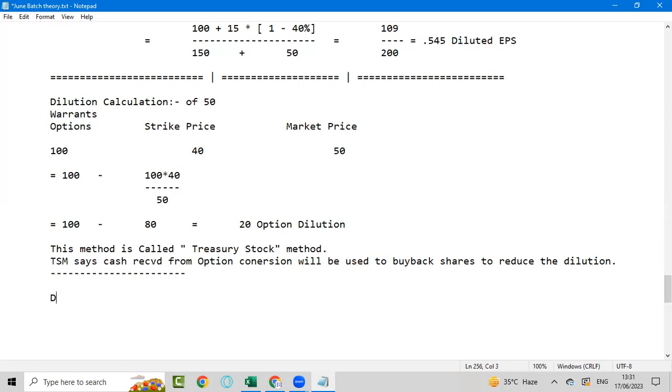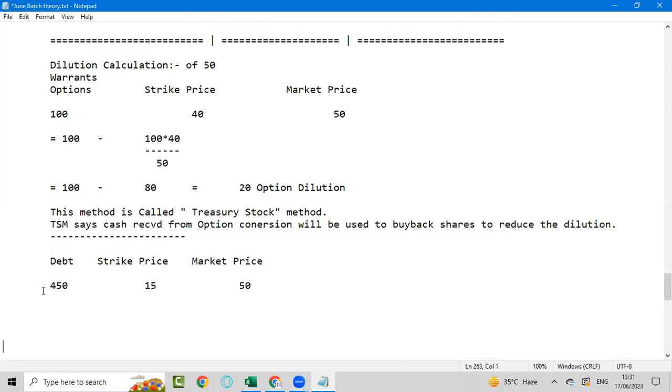Then we have convertible debt. Strike price, market price. Debt is 450. Strike price is 15. Market price is 50. In this case, the company says we have a loan of 450 rupees.